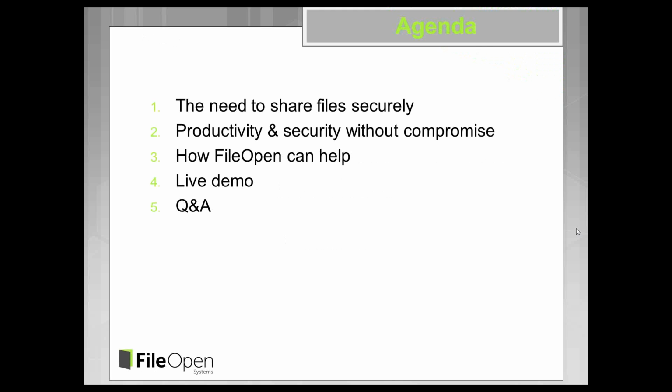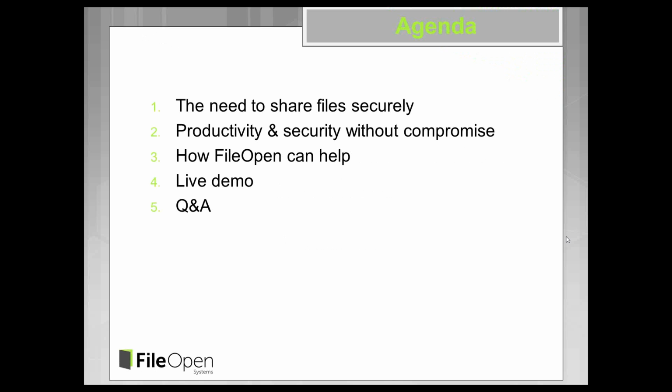Great. Thank you, Emmanuel. What we're going to be discussing today is how to work effectively when being effective requires that we share sensitive, valuable information that we need to distribute, but we don't want to lose control over. What we need is a way to work effectively, but without the risk of compromising security. We're going to be looking at the FileOpen solution by achieving productivity by easily sharing information, but retaining control over that information at all times.